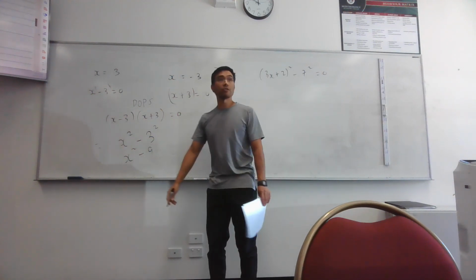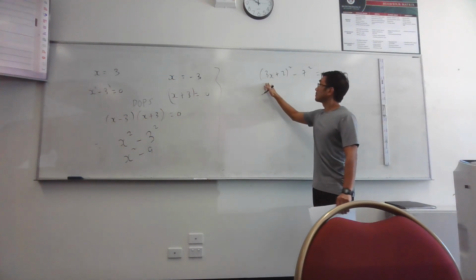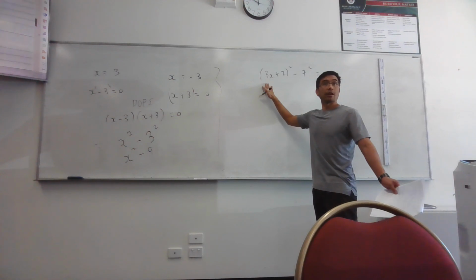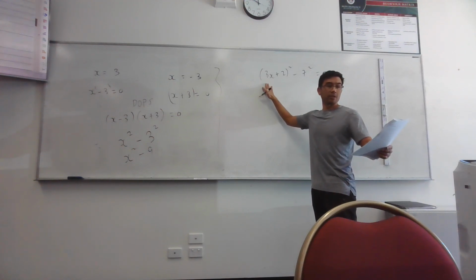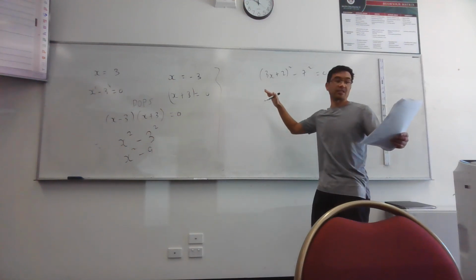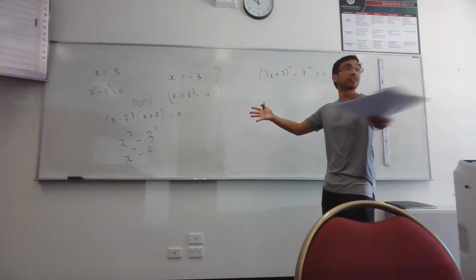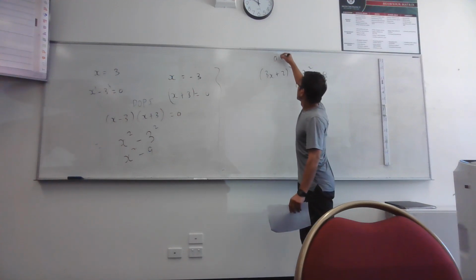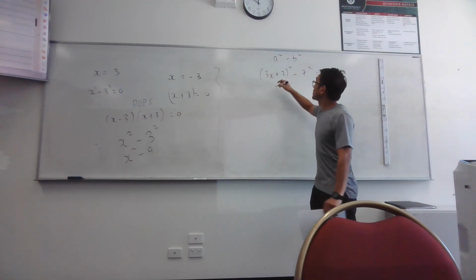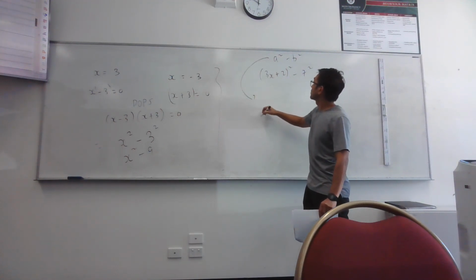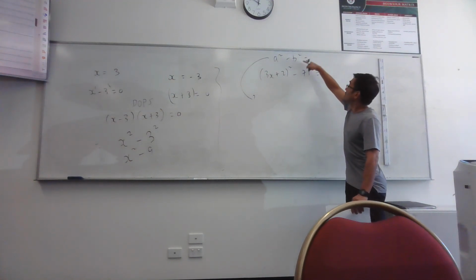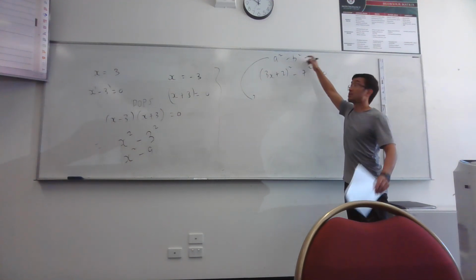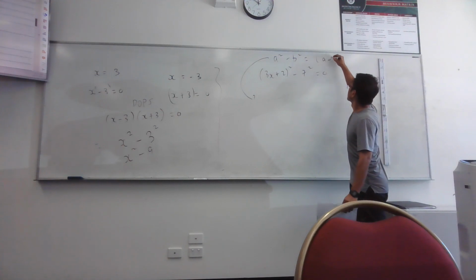Okay, so we want to solve this. How am I going to solve this one here? There are 2 ways to do it actually. Let's use difference of perfect squares. If I have a squared minus b squared, what's the equivalent? It's a minus b times a plus b.